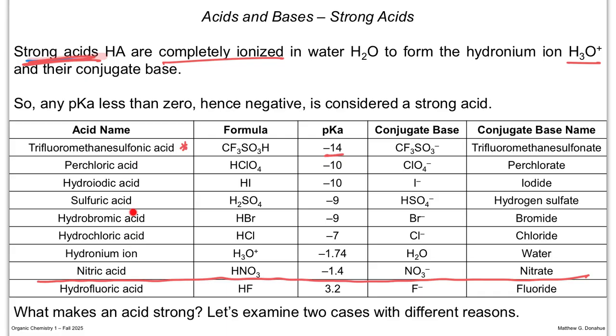What you'll notice with all of these, if you look at these formulas, is that they're classified as mineral acids. Notice none of them have any sort of CH bond.